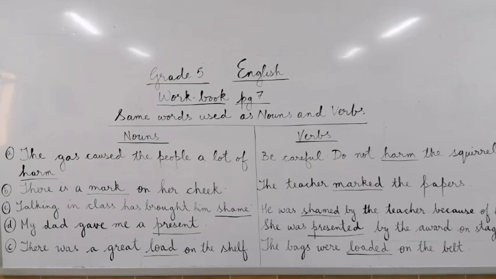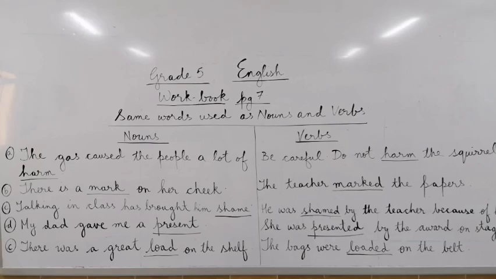There is a mark on her cheek. Mark here means some kind of symbol. So it's not an abstract noun, because you can see the mark.